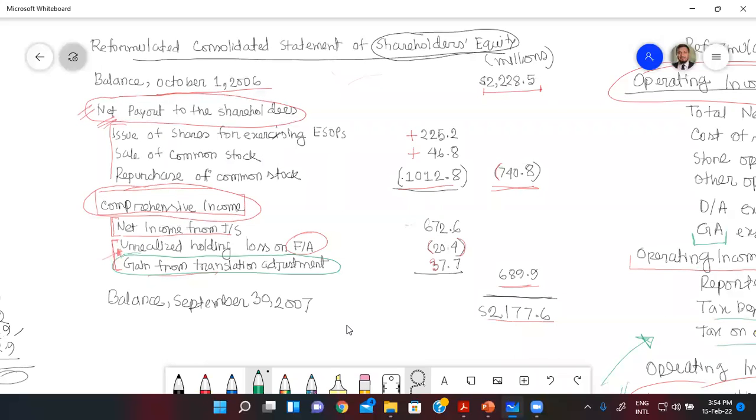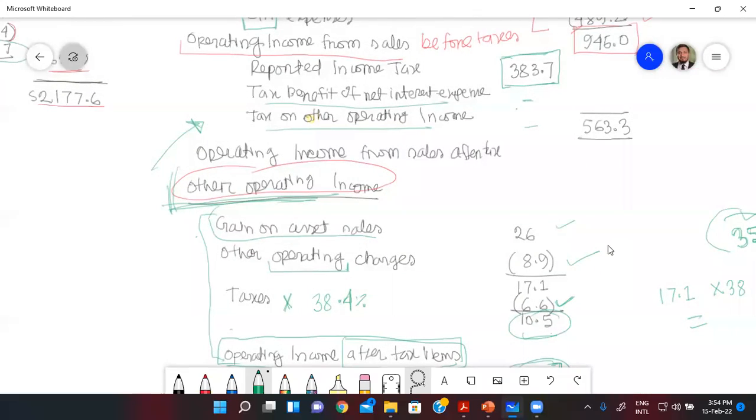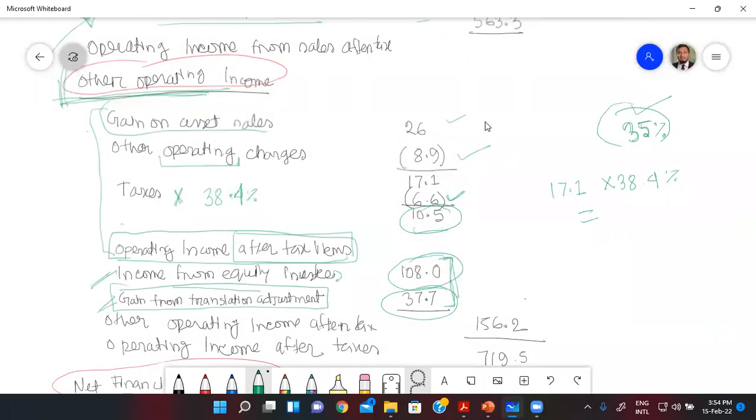So this is part of other operating income. This is not part of the financing; this is part of other operating income. So we are taking it as other operating income, 37.7. We already talked about it because it is directly coming from the statement of earnings.